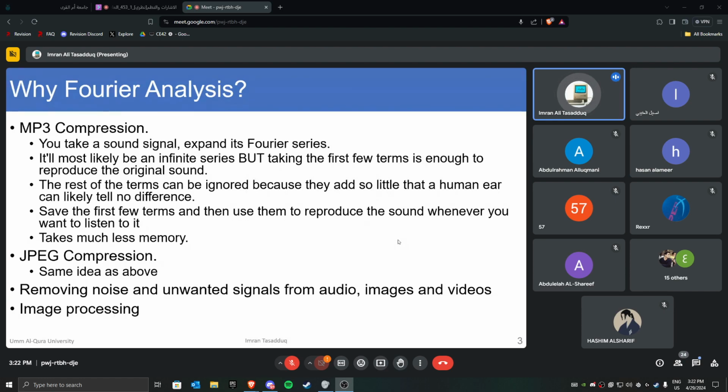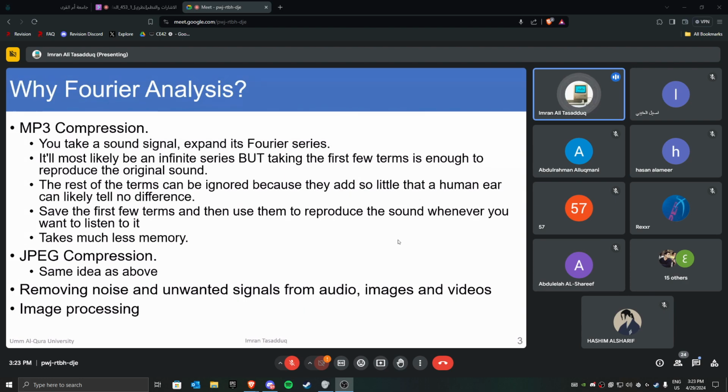The first few terms are enough to reproduce the original sound. The rest of the terms you can ignore because they add so little that a human ear cannot tell the difference. So you save the first few terms and discard the remaining, and that takes much less memory.